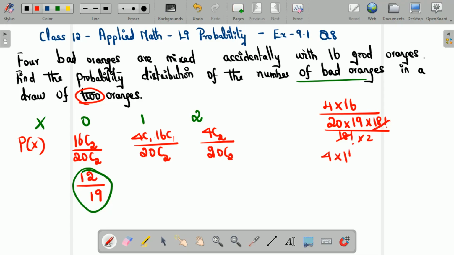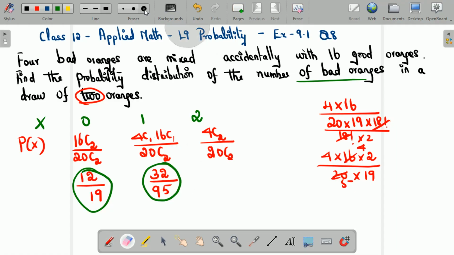This is 4 into 16 into 2 divided by 20 into 19. In the 4 tables, this is 4 times and this is 5 times. So 4 4s are 16, 16 into 2 is 32, and the denominator is 19 into 5, which is 95. So the probability of x is equal to 1 is 32 divided by 95.